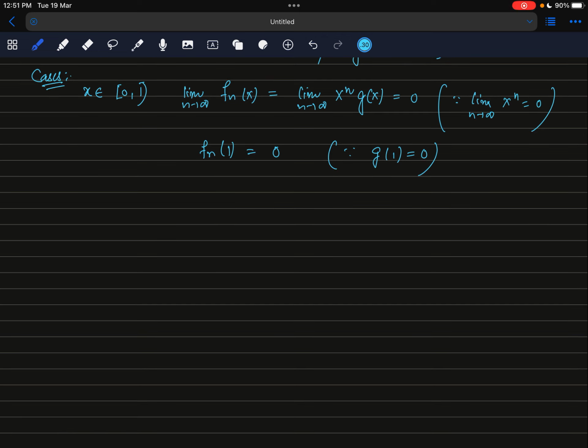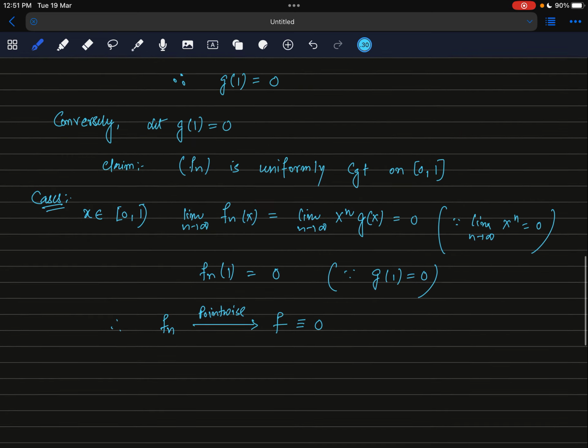So what do we have now? We have f_n converges to f pointwise, and here f is 0.